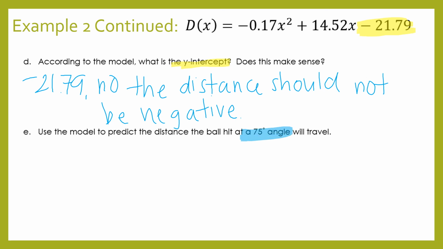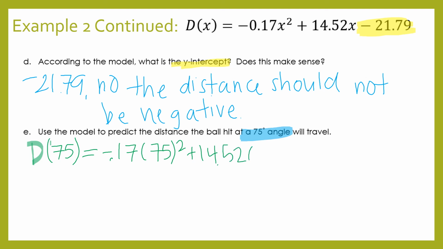So we're going to use our model, and we are going to substitute 75 in for all of those x's. So negative 0.17 times 75 squared plus 14.52 times 75 minus 21.79.